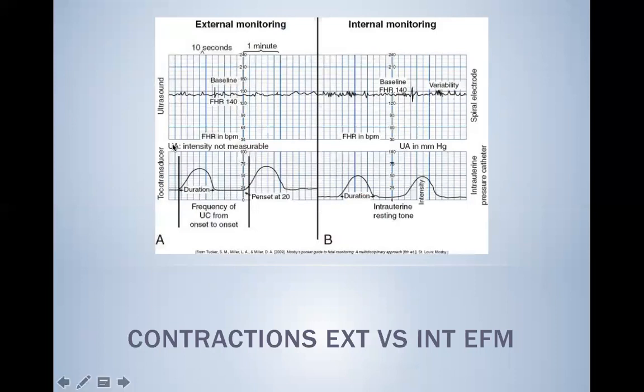So what we do is we count from the beginning of one contraction to the beginning of the next, and that is how far apart they are. Here, our contraction starts about here. So we're going to count 1, 2, 3, 4, 5, 6, 7, 8, 9, 10, 11.